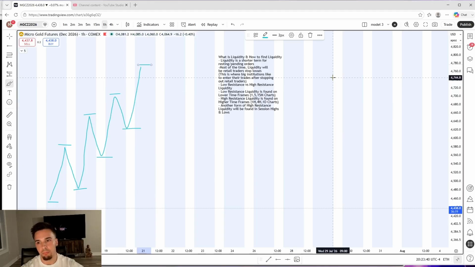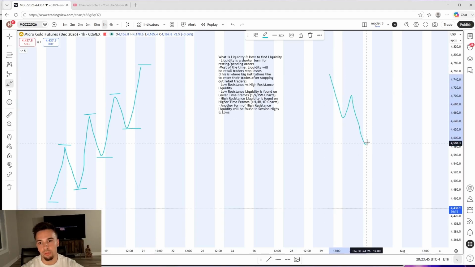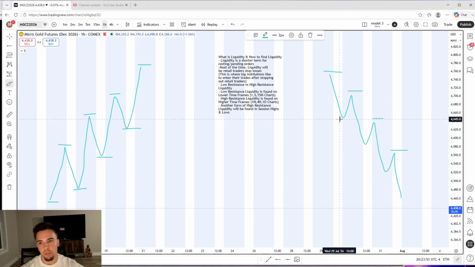Same thing with a bearish market. If we see price moving lower, we're going to see a bunch of resting liquidity at these highs, as well as resting liquidity at these lower lows.